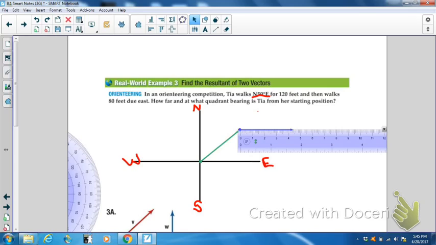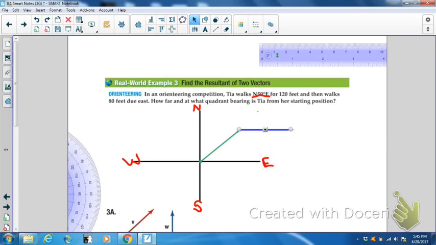So that guy needs to be marked off at 2 centimeters. And I'm going to shrink my little vector here. That's pretty good.